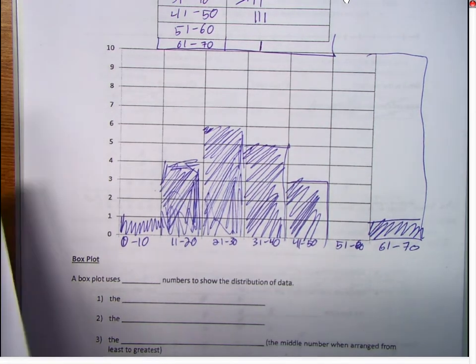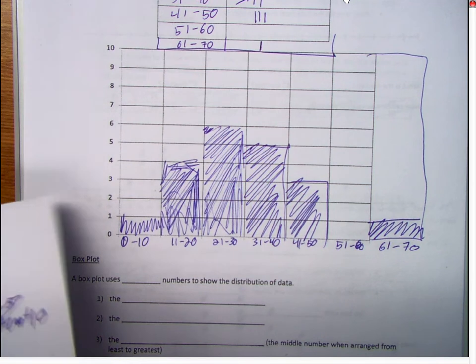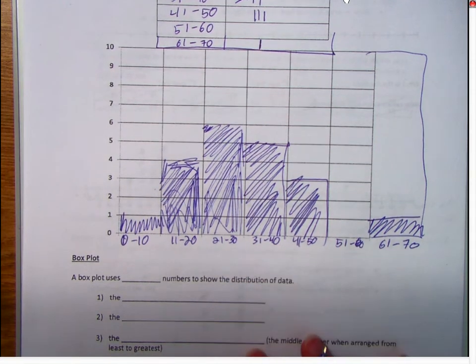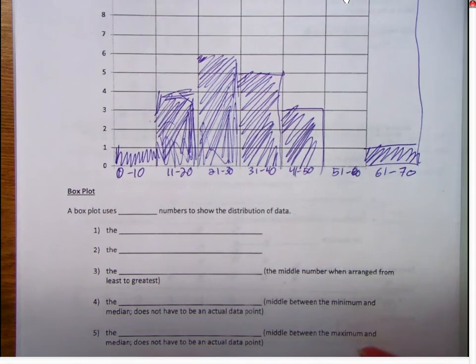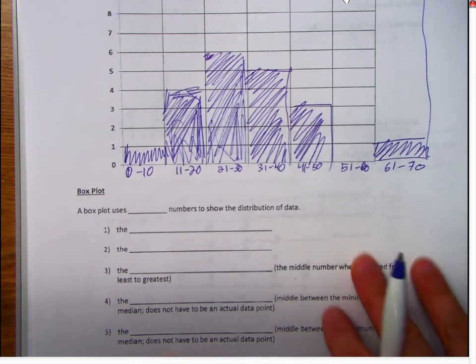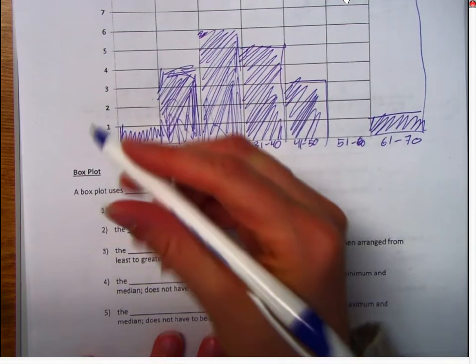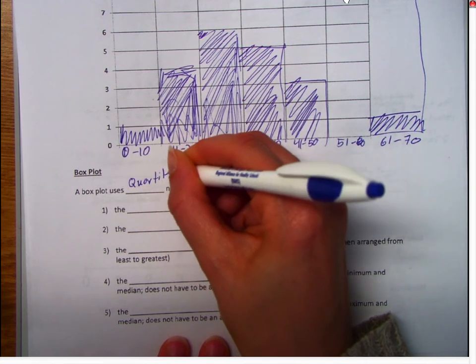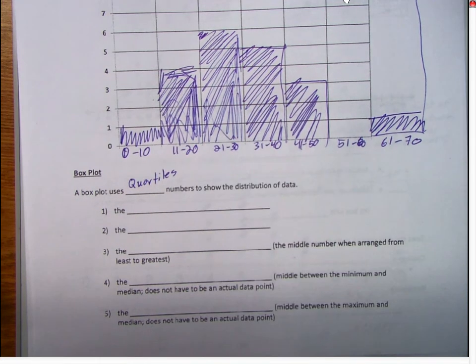Okay, so we've done dot plots, we've done histograms, and now we're going to do box plots. Box and whisker plots, yeah. Okay, so box plots use quartiles, numbers, to show the distribution of data.